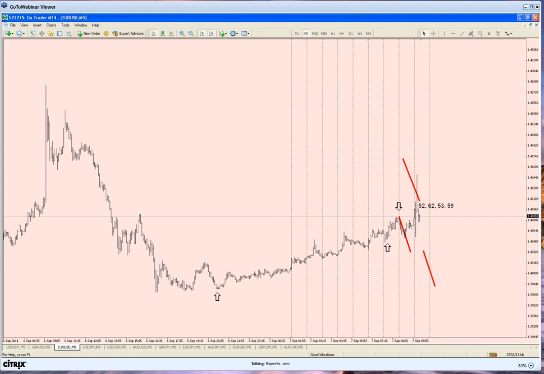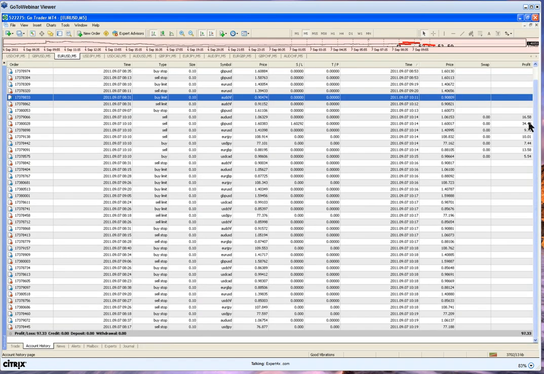And so yeah, you don't want to expose yourself. Like today, this was a bit overexposed. I was about 7 deals in the same direction, very overexposed. I'd rather have 3 good deals than 7 of these little guys. But anyway, that's happened now.